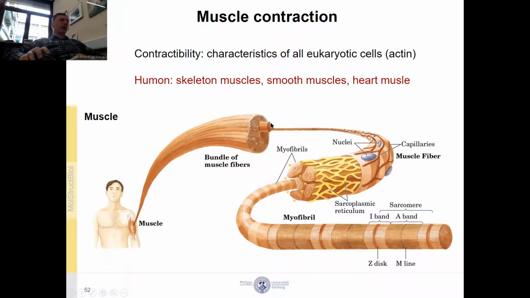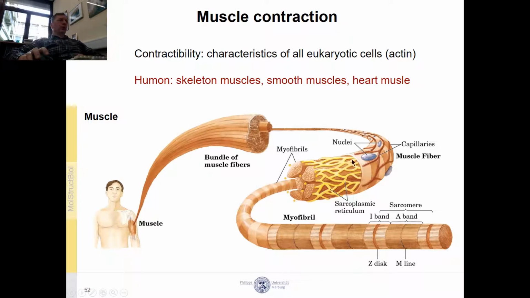It's a multinuclear cell actually, which is very interesting. A lot of muscle cells have fused to giant cells, which have a lot of nuclei, where each nucleus is responsible for a certain part of this giant cell, formed upon cell fusion.